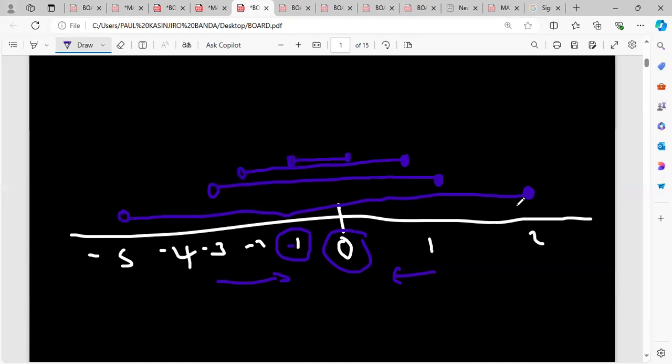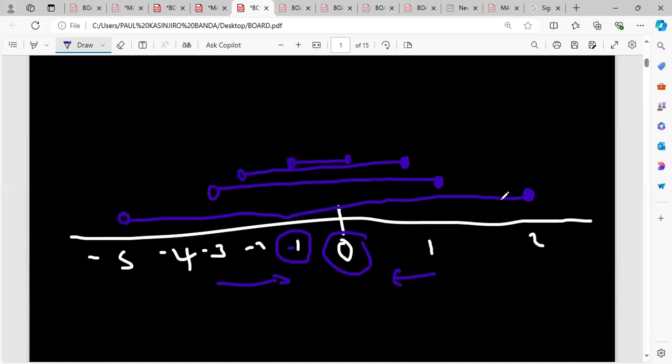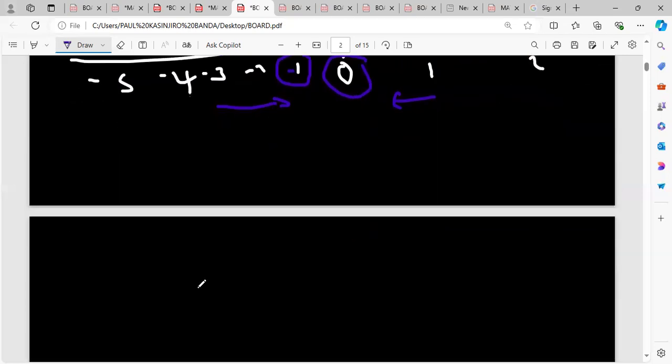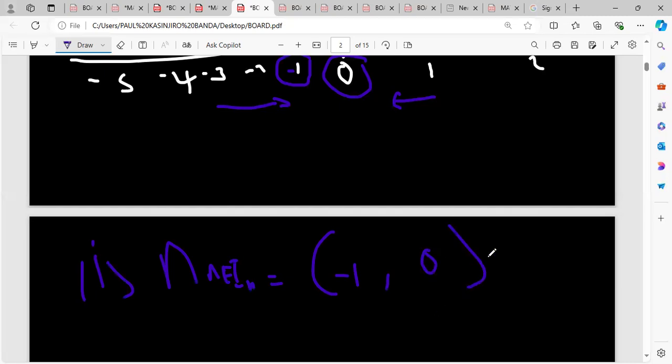Now, how are we going to write the intervals in the intersection part? For the intersection? Okay, yes. So this is how you write it. So you're going to say, therefore, my intersection, A for all the n's, is just equal to the open interval -1, comma 0, with a curved bracket like that.